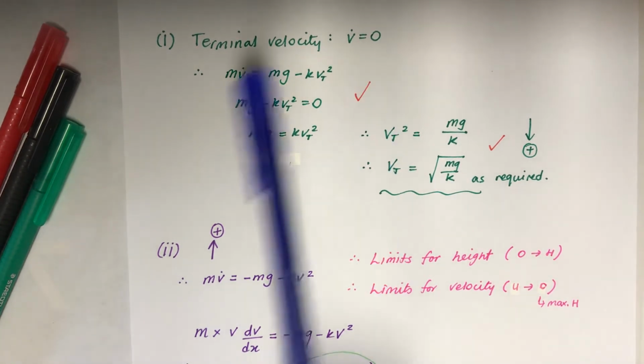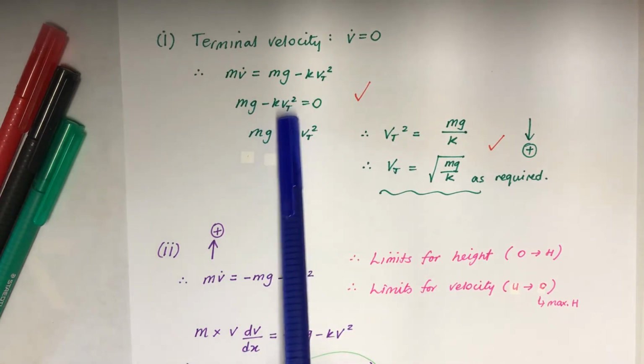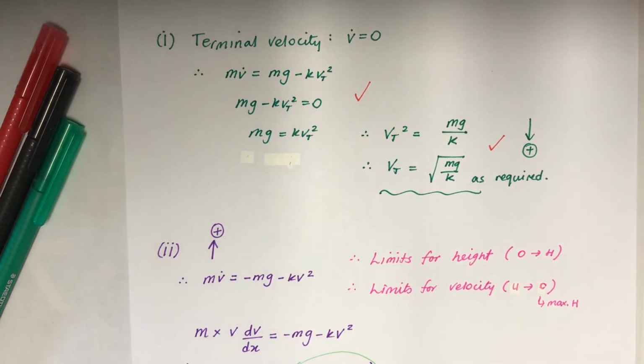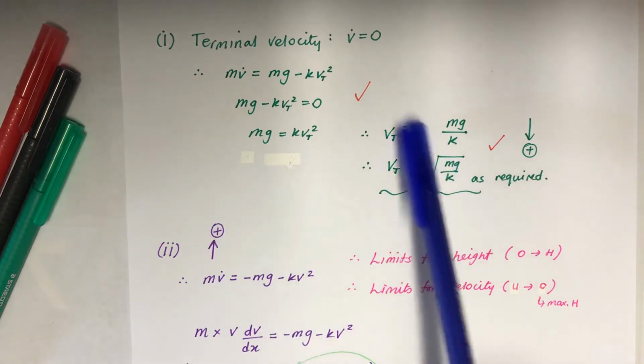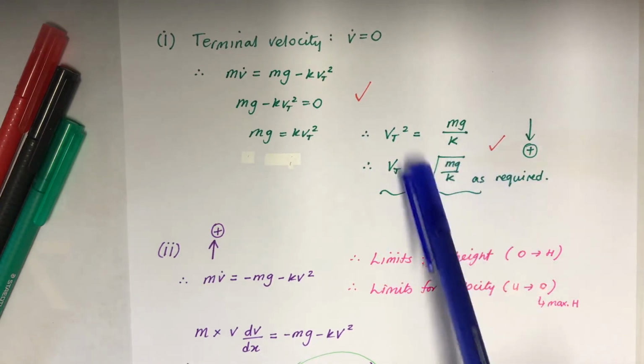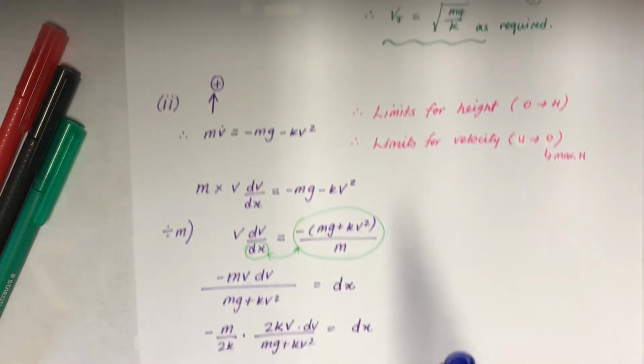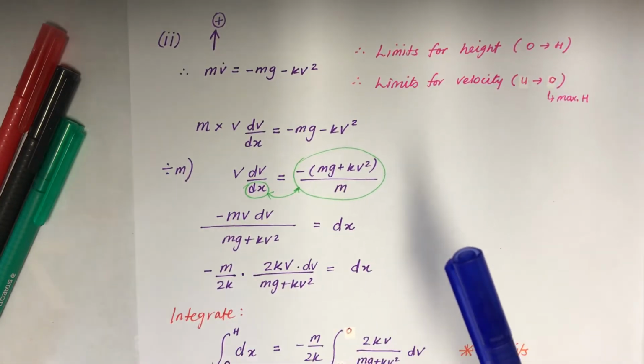We're using the formula, and I'm going to change the v to Vt because that's the terminal velocity, and we just have to make Vt the subject as required. Now we're going to pick the positive here because the falling is positive. All right, so that wasn't too bad.